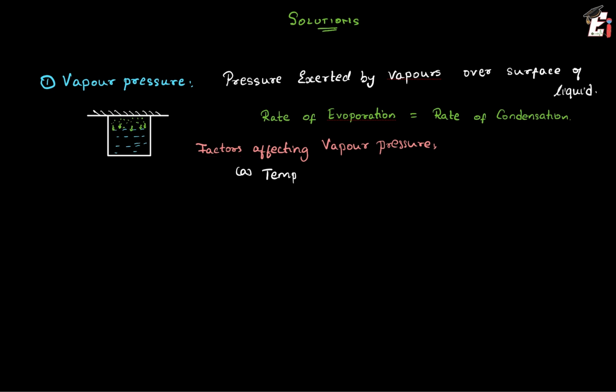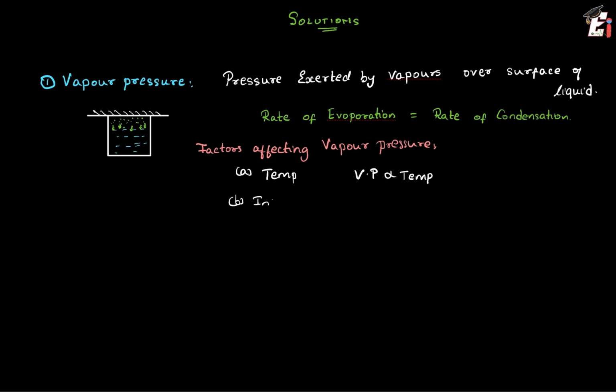If you increase the temperature, the vapor pressure is going to increase. So vapor pressure is directly proportional to temperature. It's obvious, because if you increase the temperature, water starts boiling and more vapor is produced, and that vapor will put pressure on top of the liquid surface, right?